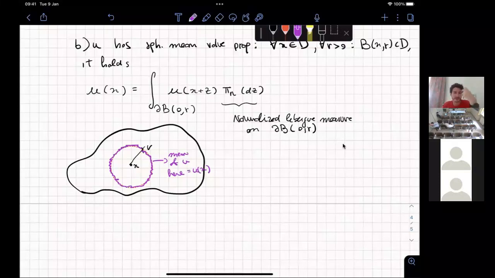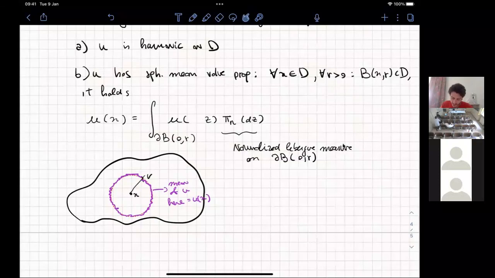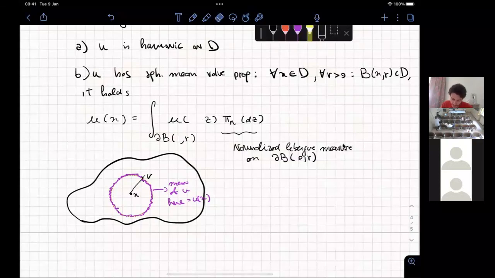And there is also another property, basically the same, but with the entire ball and not just with the border. But since we are looking at hitting time of stuff, we won't focus on the volume part, but that one is also equivalent. So if this happens, then you are harmonic. You can also write it down with another notation, but it doesn't matter.